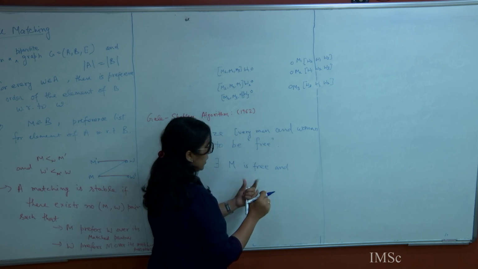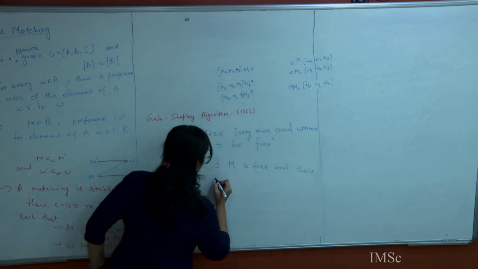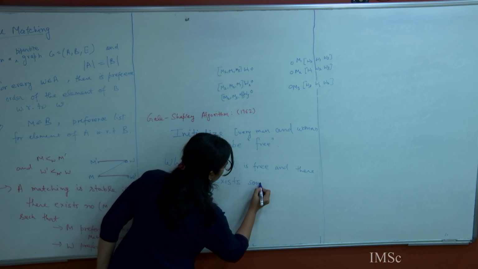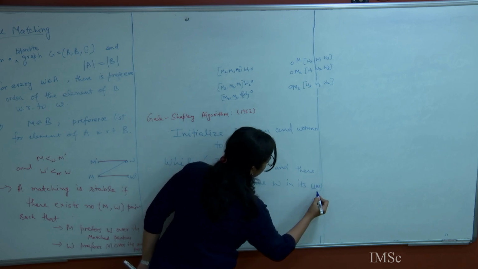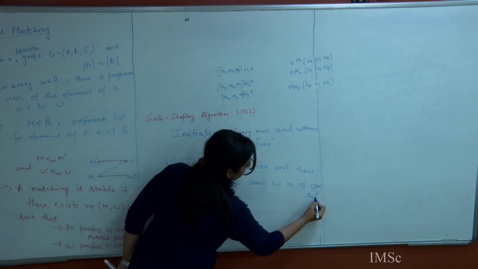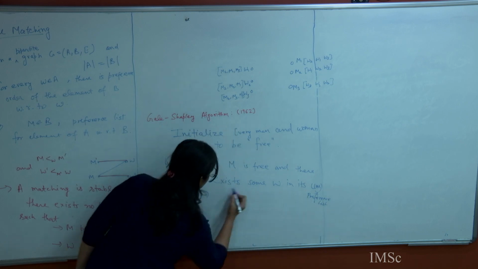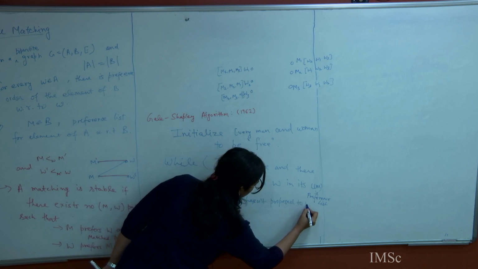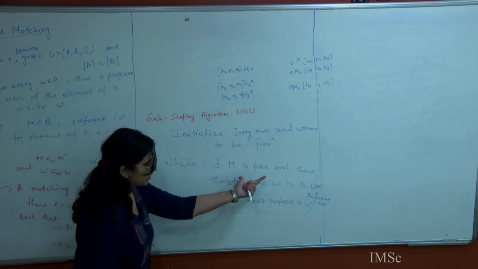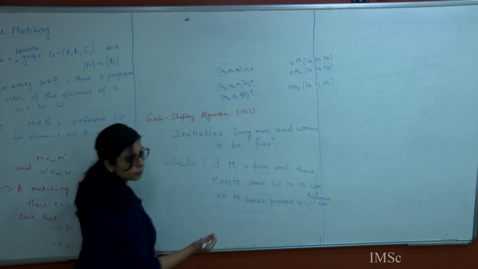So if M is free and there exists some W in his preference list L of M, such that M hasn't proposed to W. Till the point we have such an element M, M is going to propose to W.